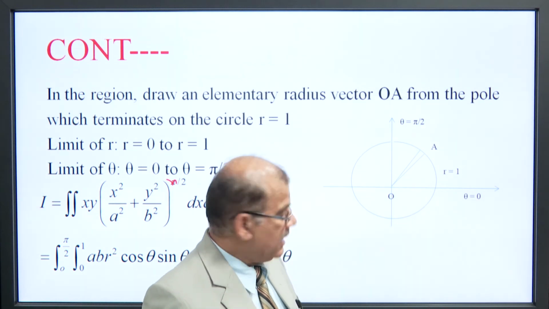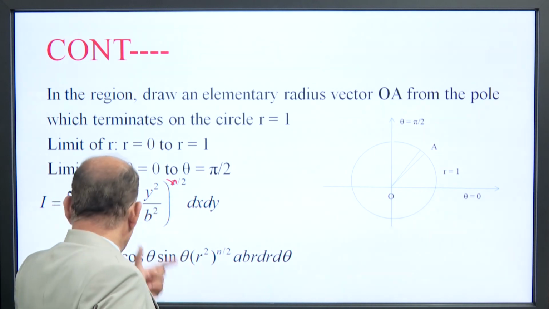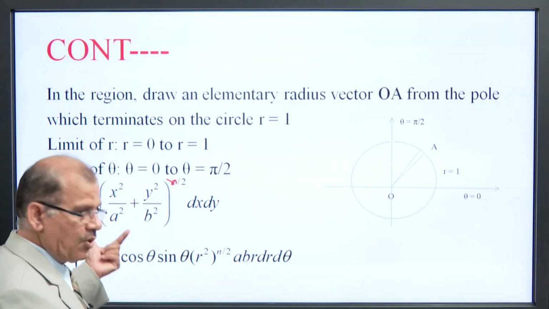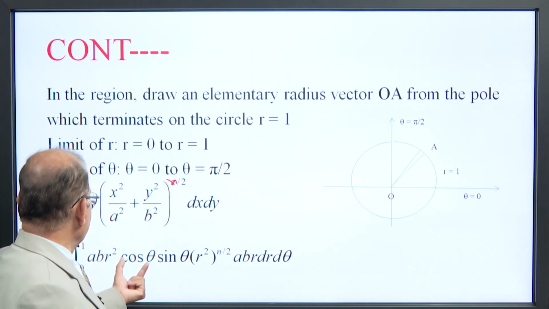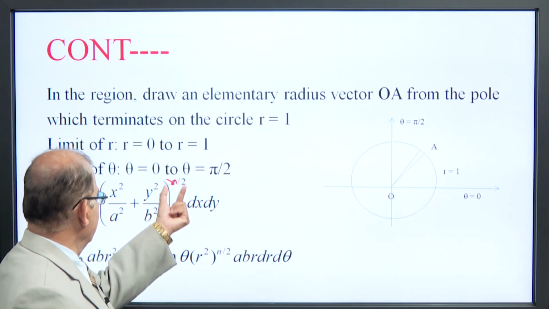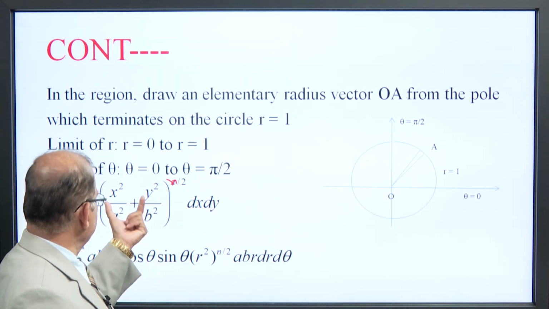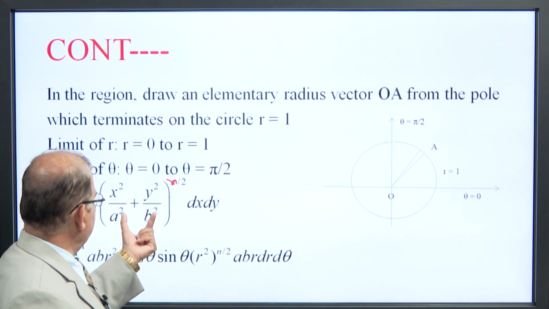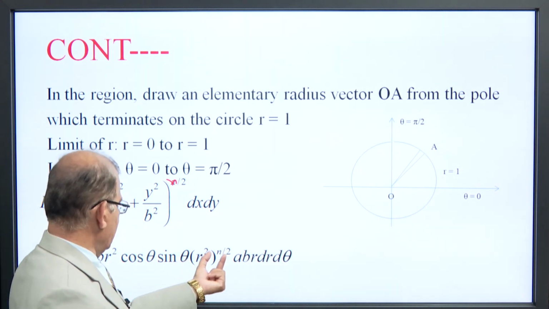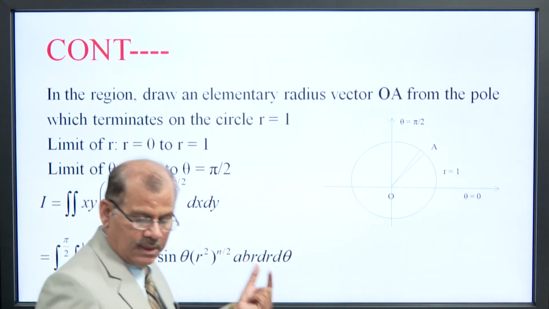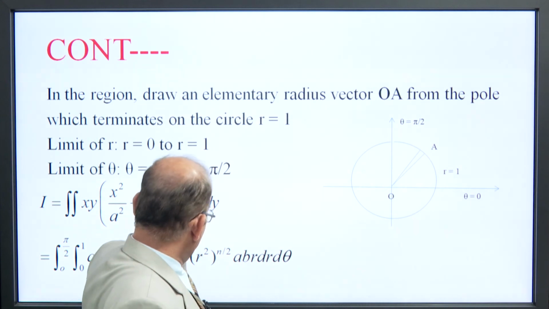Substituting this transformation in the given function, we get ab r square cos theta sin theta times (r square) raised to the power n by 2, not pi by 2, but n by 2.